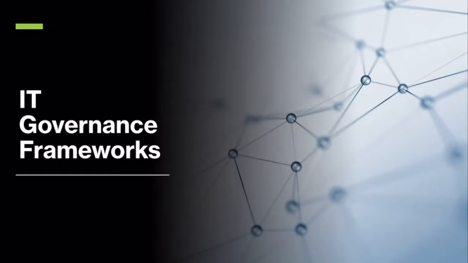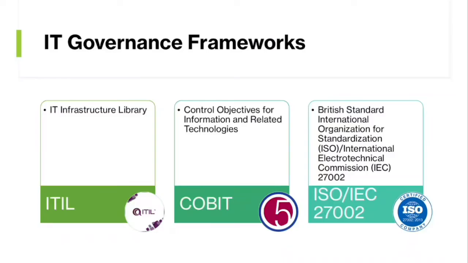So in the provision of IT governance, we follow certain frameworks. There are three best practice IT governance frameworks that are used by different organizations. We have the IT Infrastructure Library, now called just ITIL.